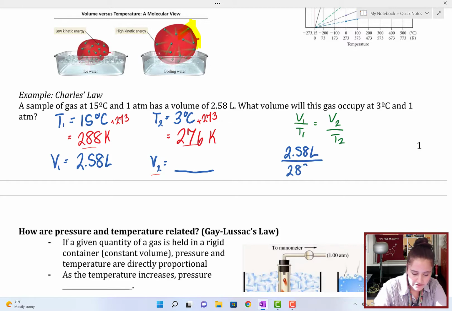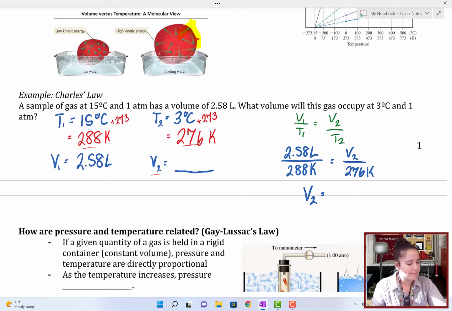Okay, so V1 is 2.58 liters divided by T1 in Kelvin, 288 K, equals V2 divided by T2, 276 K. So when we do that math, we get 2.58 divided by 288, and then multiplied by 276 to get 2.4725, so 2.47 liters.